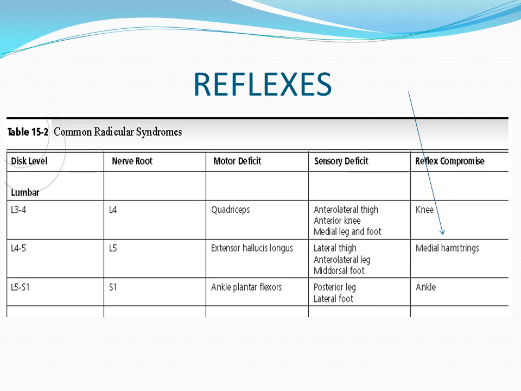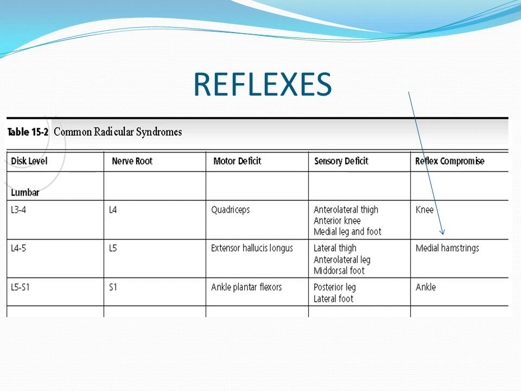Finally, as we wrap up this section on lumbar spine radiculopathy, I just want to take a minute and touch upon an interesting subject. The AMA guides in Table 15.2 describe the common radicular syndromes that we see in the lumbar spine. And let me just ask you, doctor, what are the common reflexes that you test in the lower extremities?